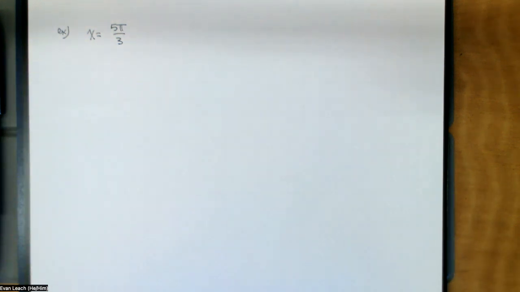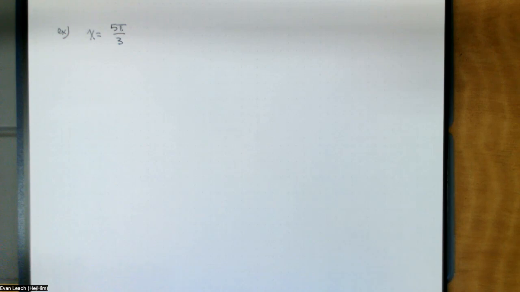That's fine. What about the angle 5 pi over 3? What's our reference angle in radians? 60 is in degrees, and what's 60 in radians? Pi over 3. We can see that because I got 5 pi over 3. I don't have anything to simplify in the fraction. The denominator will tell you which one we're dealing with.